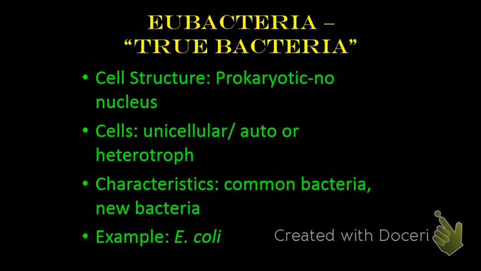The nucleus is not bound. They are also unicellular. They can be autotrophic or heterotrophic again. And E. coli, which lives in mammal large intestines to help you finish the digestion of your solid food waste, is an example of the eubacteria.